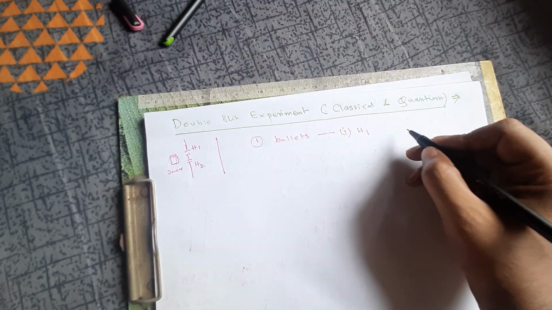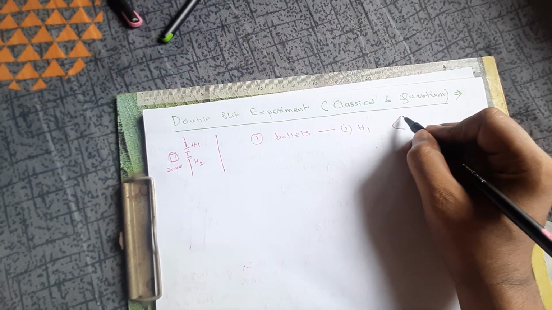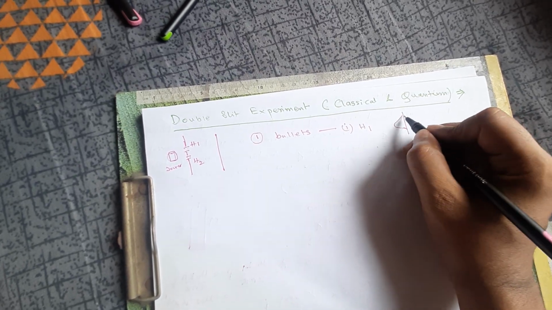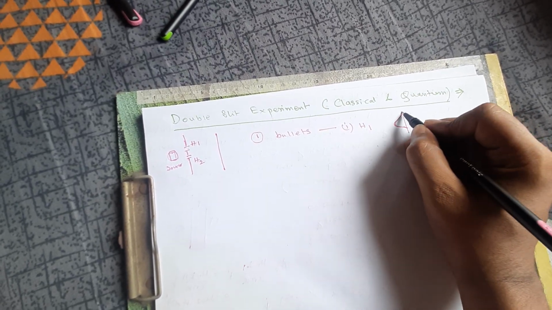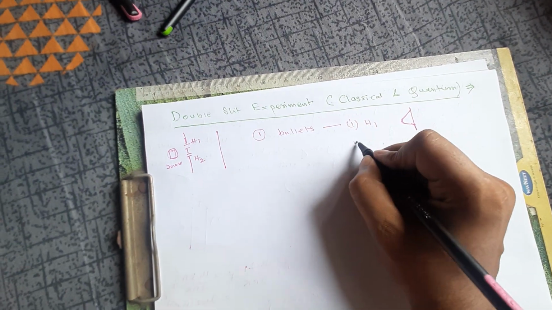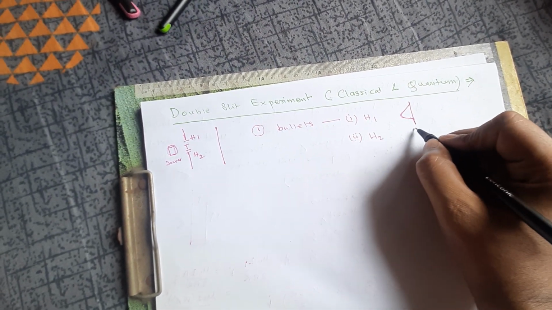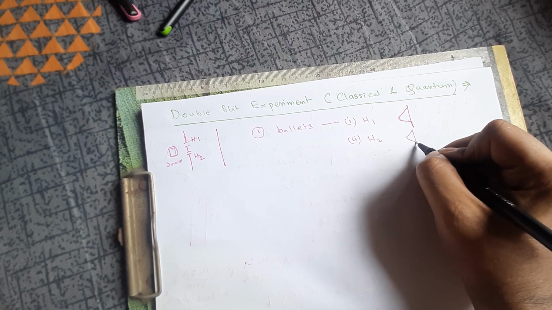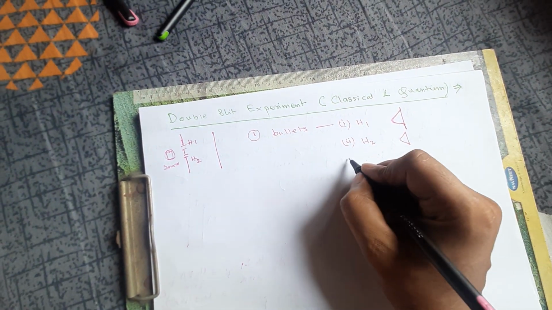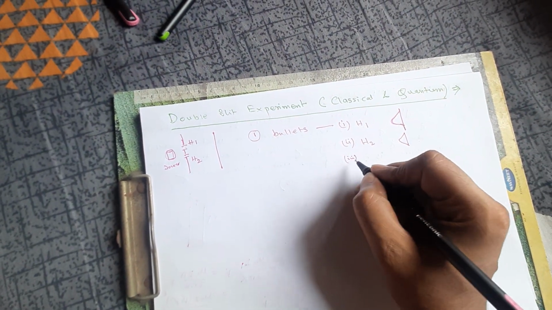Then we will see a Gaussian-like distribution of intensity of the bullet on the screen. The second case is it goes through hole 2. Then also we will see a Gaussian-like intensity on the corresponding screen.